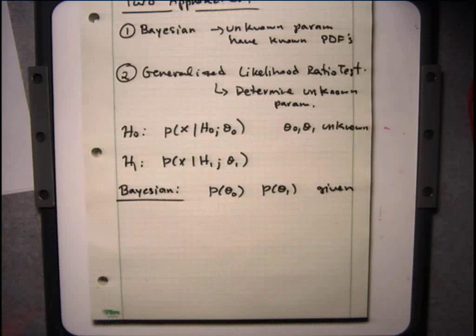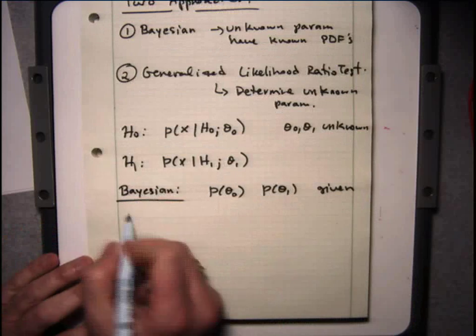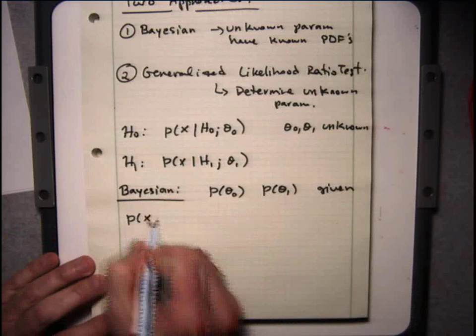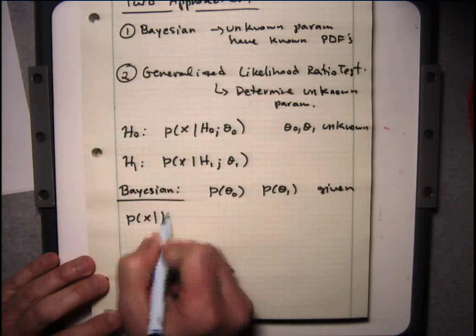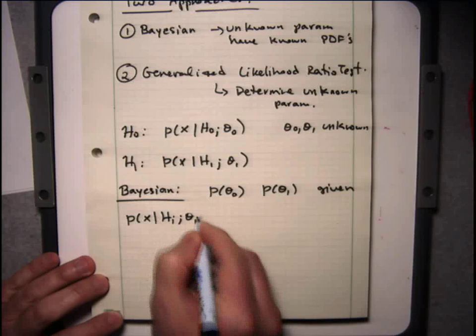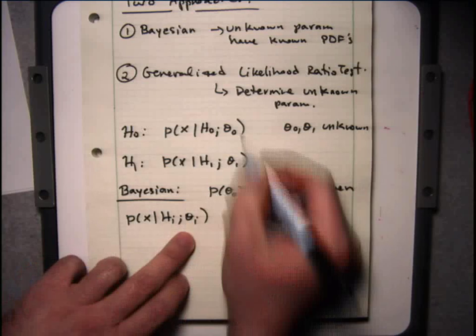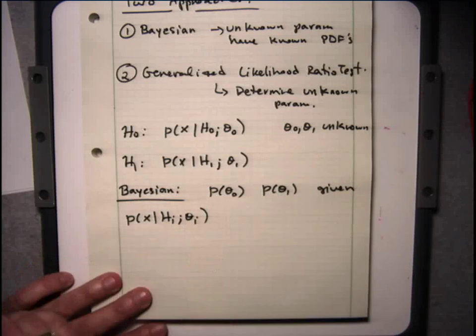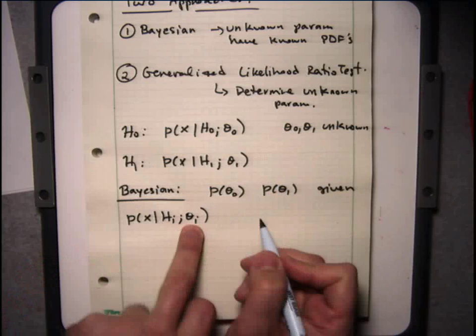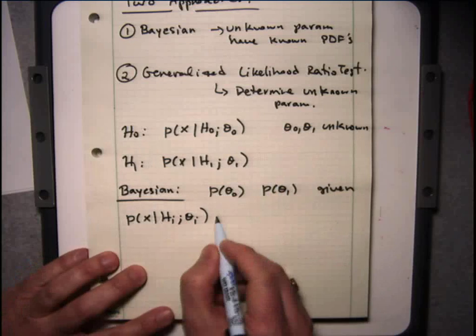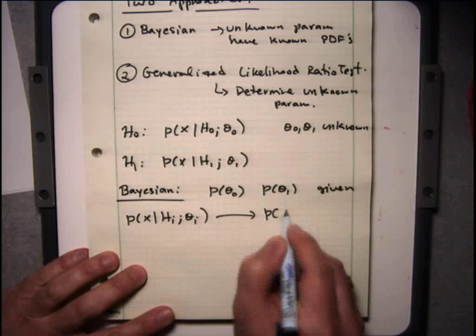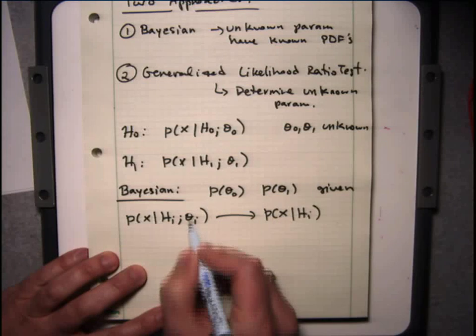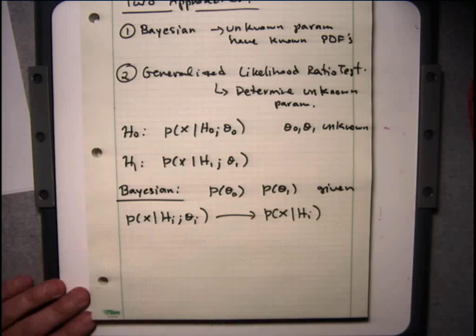All right, so then what we do is we write this P of X given H_i, theta_i, and this i here is just 0 or 1. And what we want to do is get rid of this theta, so we want to turn this into P of X given H_i without this theta_i.